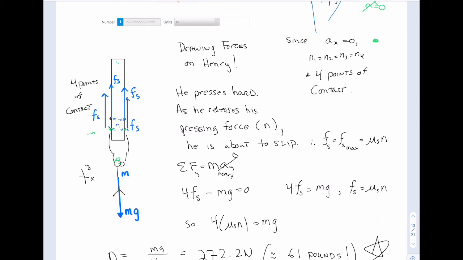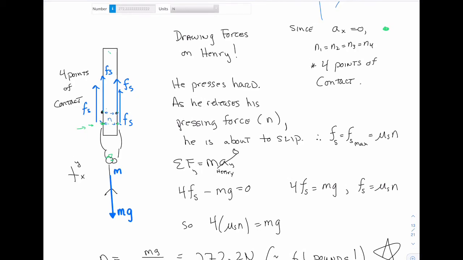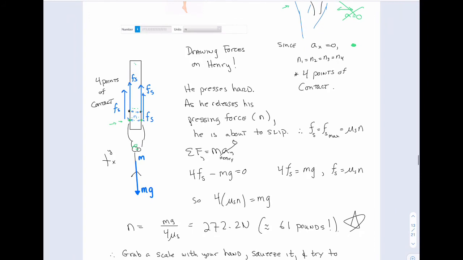Let's say this thumb presses inward on the beam, and the beam presses backward on your thumb. These blue normal forces are the forces on him, but they're all horizontal, and he's not accelerating horizontally, so all these normal forces cancel.